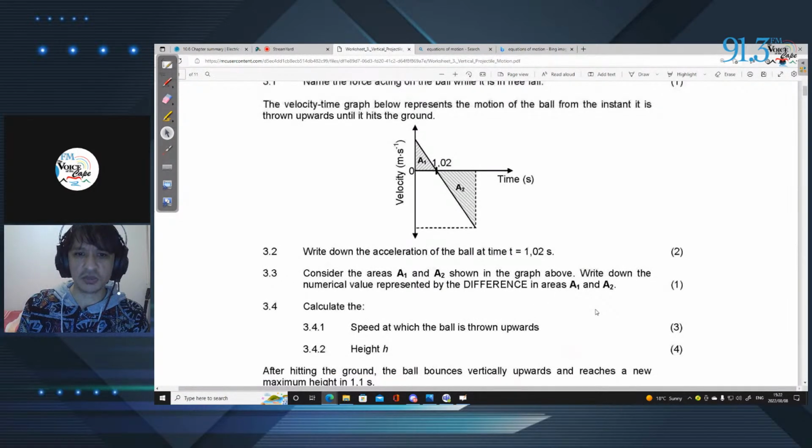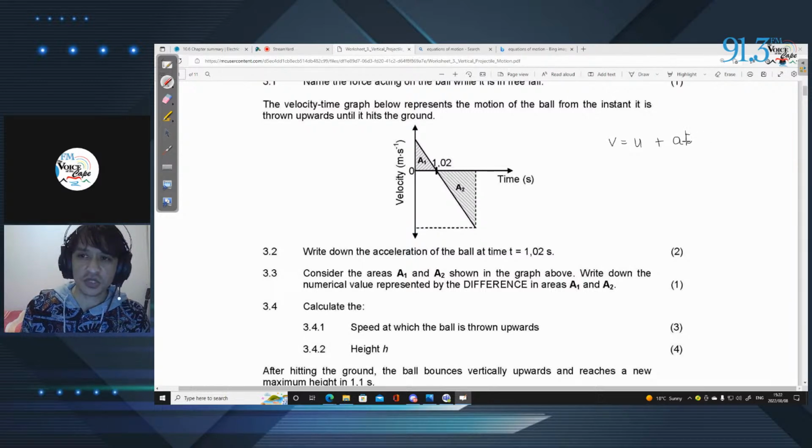So we need to calculate the speed at which the ball is thrown upwards. So if we're going to use, for example, 3.4, v is equal to u plus at. Well, if we did use this equation and we had to calculate, then at this point, time is supposed to equal 0.